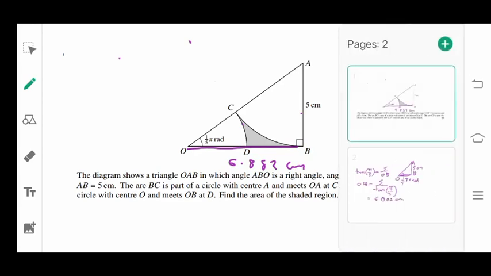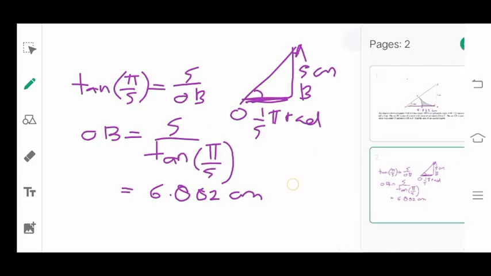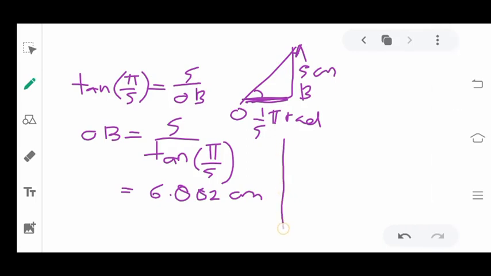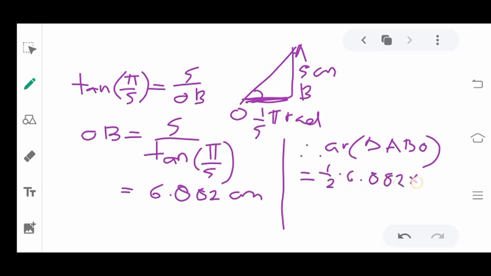Therefore, area of triangle ABO is equal to half base into height, that is half into base OB, 6.882, into height 5 centimeter.